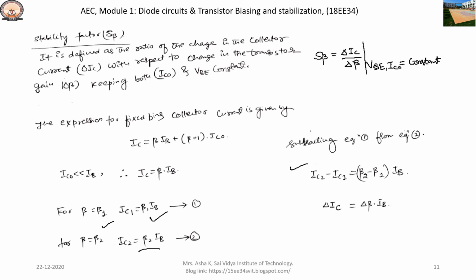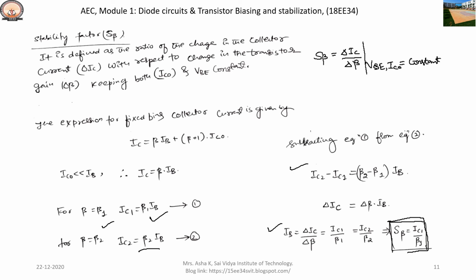Delta IC is equal to delta beta into IB. Then IB is equal to delta IC by delta beta is equal to IC1 by beta 1. Similarly, IC2 by beta 2. Hence, the stability factor S beta is nothing but IC1 by beta 1. So this ends the stability factor S beta.